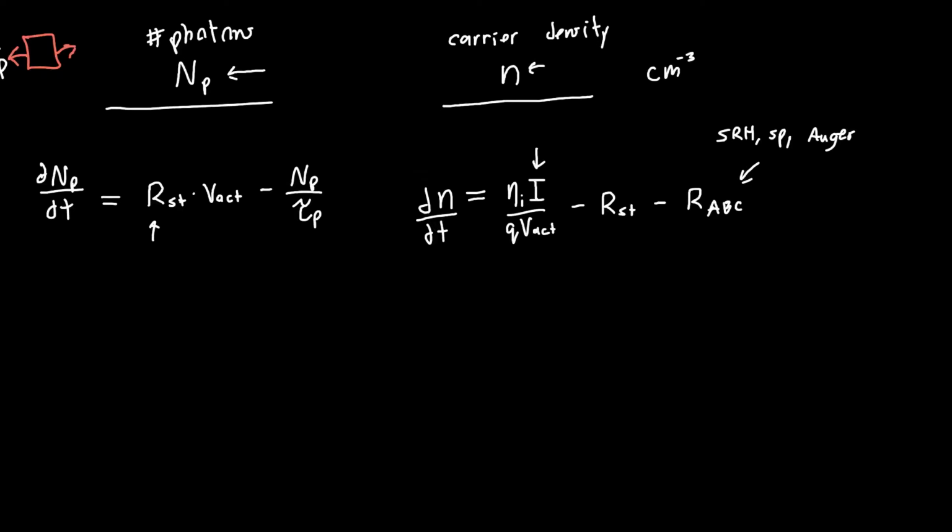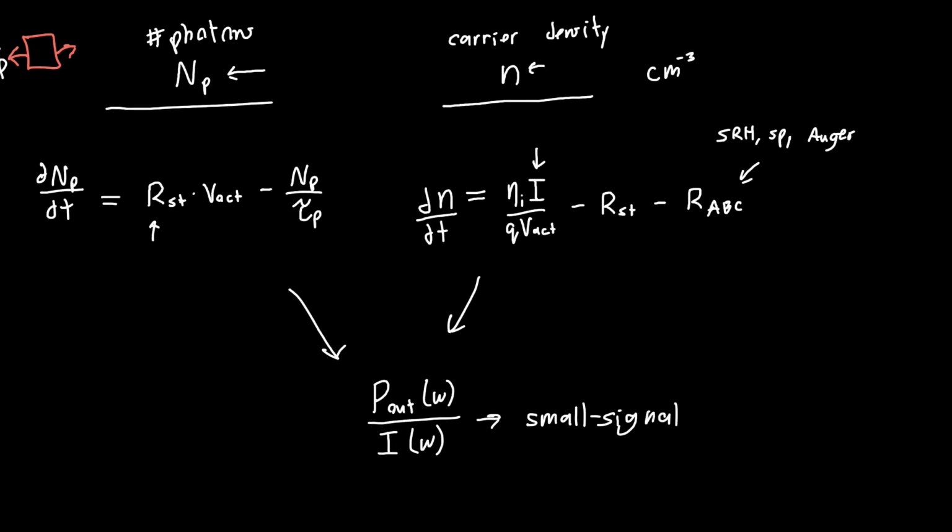Now, what we're ultimately trying to solve for is these two differential equations to give us a frequency response, or a transfer function, the output power divided by whatever current we're going to inject into the system. And we're going to assume that we care about the small signal deviation for our laser.